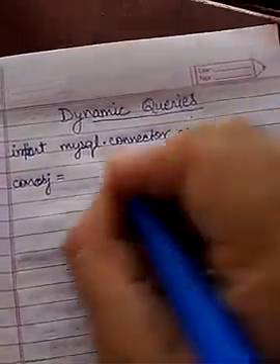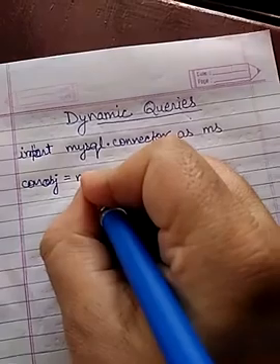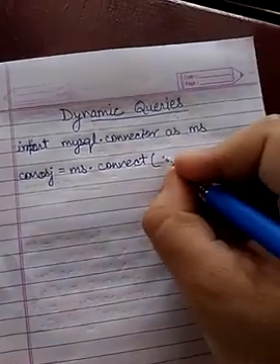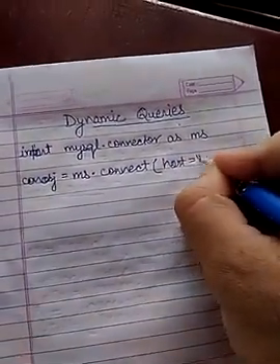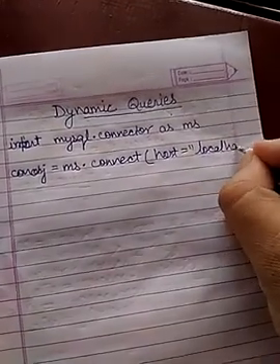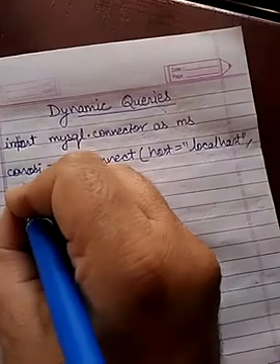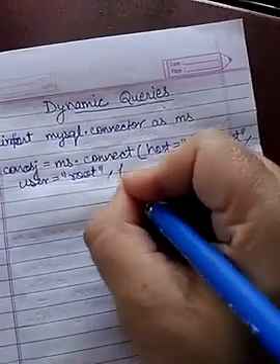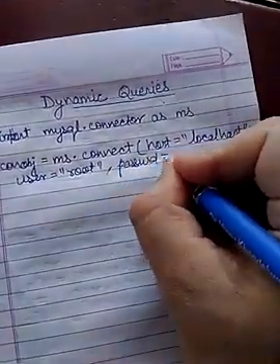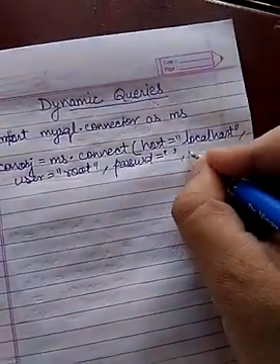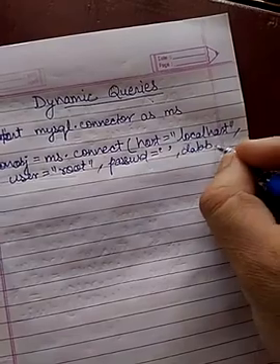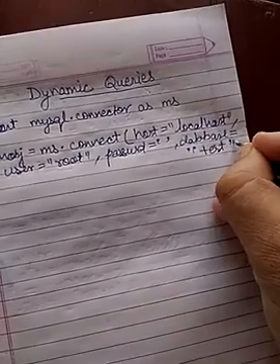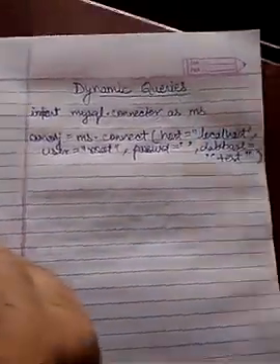We are using this alias name instead of this. ms.connect, host localhost, user root, password blank, database test.